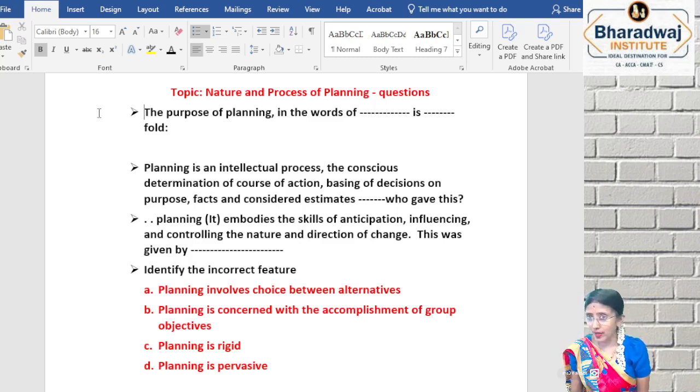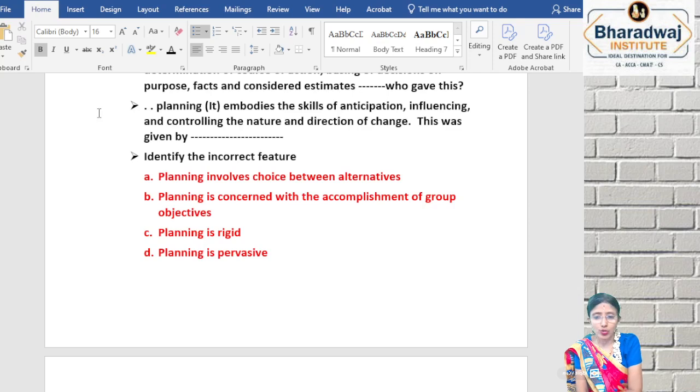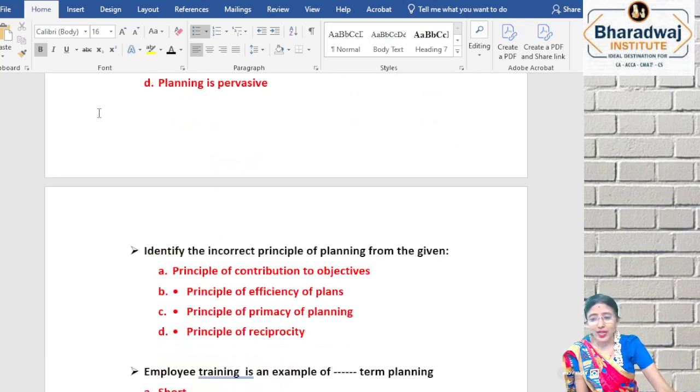This was given by. Identify the incorrect feature. I think that you will do it easily. Incorrect, not the correct one, incorrect. See, planning is... Okay, I will take that. Identify the incorrect principle of planning from the given. D. D.